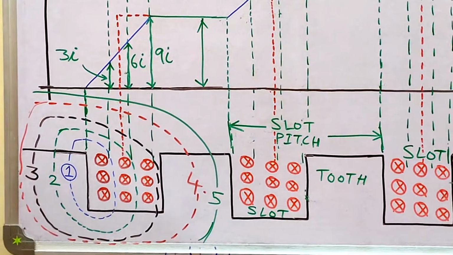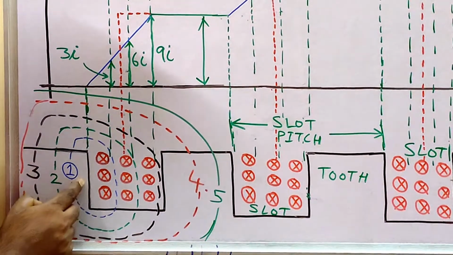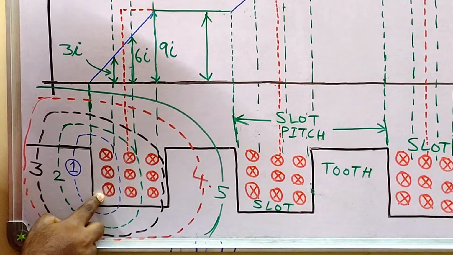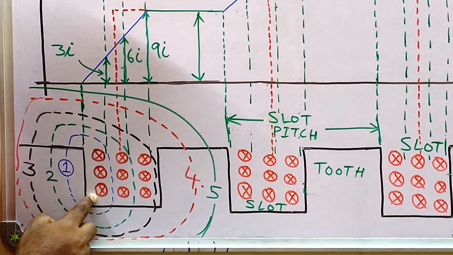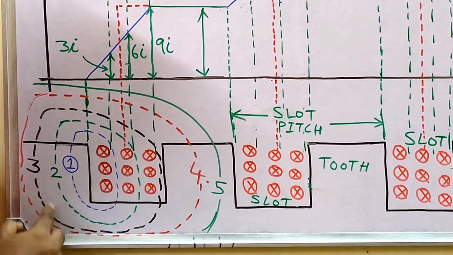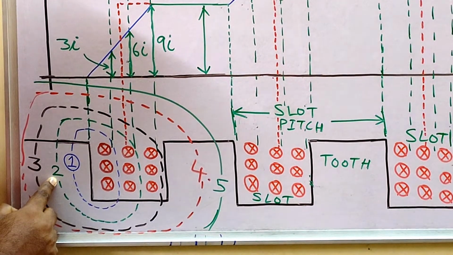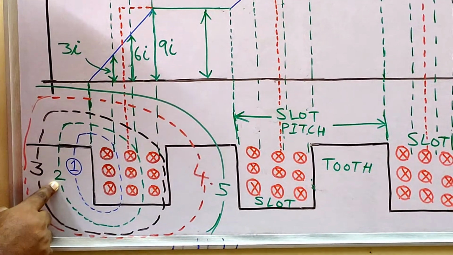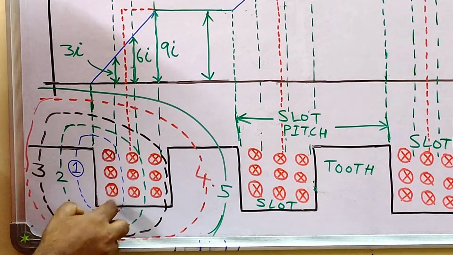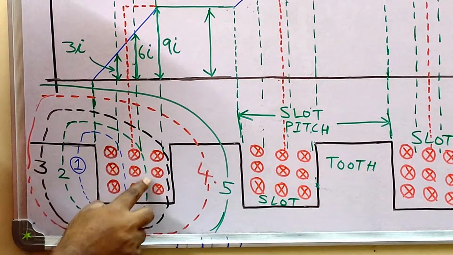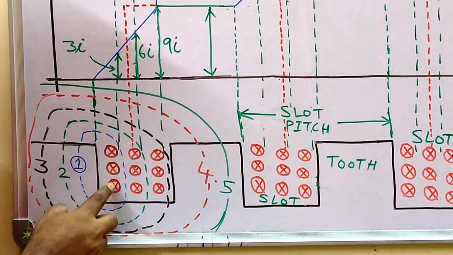Now, in path number 1, you can clearly see 3 conductors are being enclosed. So if each conductor is carrying current I, then the total current enclosed by path 1 is 3I. Likewise, path number 2, shown by the green dotted line, is enclosing 6 conductors. Each conductor is carrying current I. So path 2 is enclosing how much current? 6I.